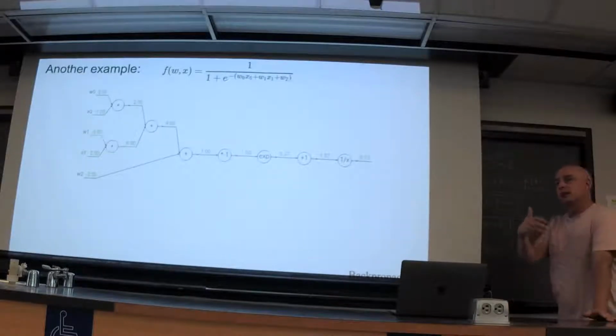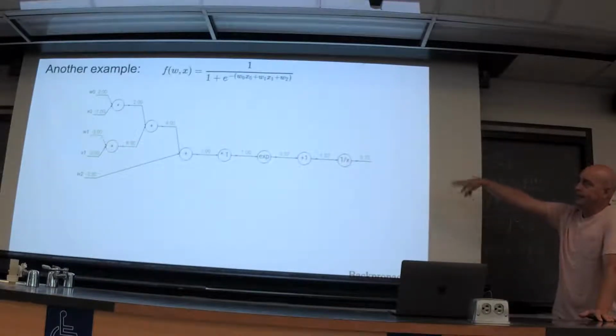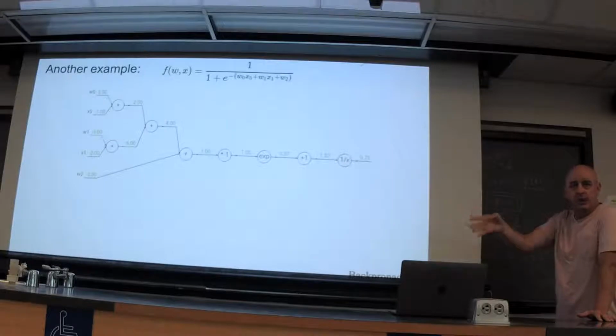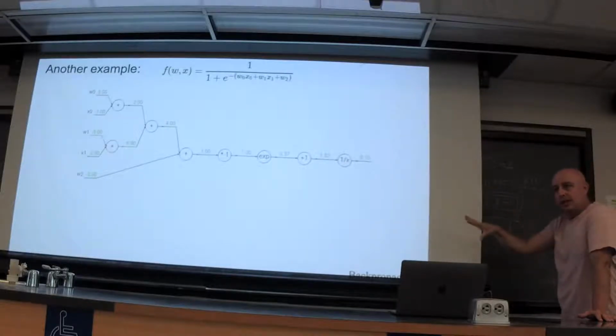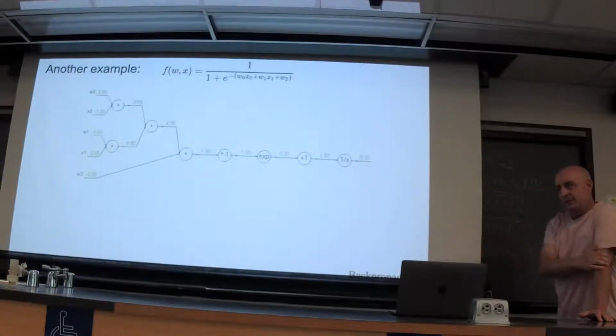So we're computing the gradient of f with respect to basically anything in this graph, but in particular with respect to the w's and x's at those values. So it's a particular data point and a particular set of weights. Does that make sense, why I'm making that distinction?